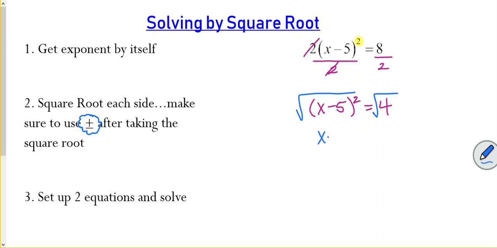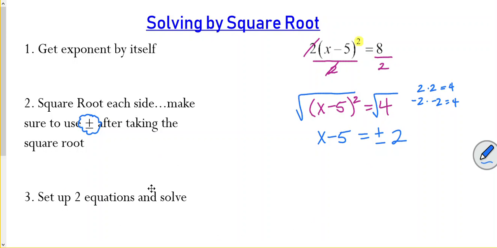So I'm left with x minus 5 equals the square root of 4, which is plus or minus 2. Because positive 2 times positive 2 equals 4, and negative 2 times negative 2 equals 4. That's why we're getting a positive and a negative.